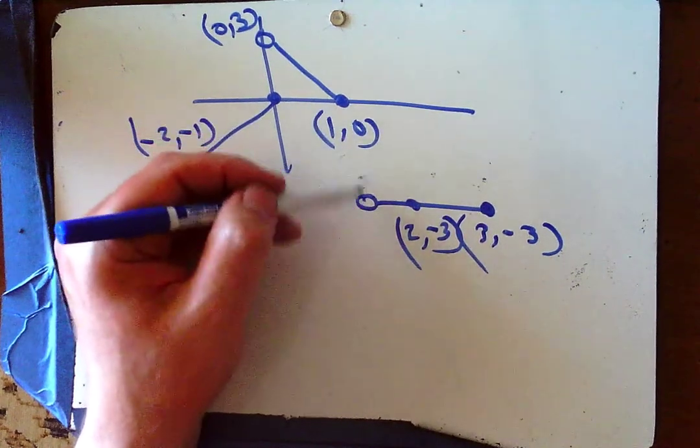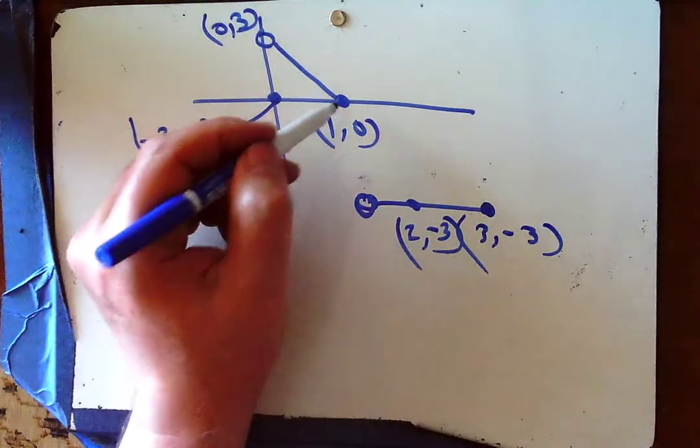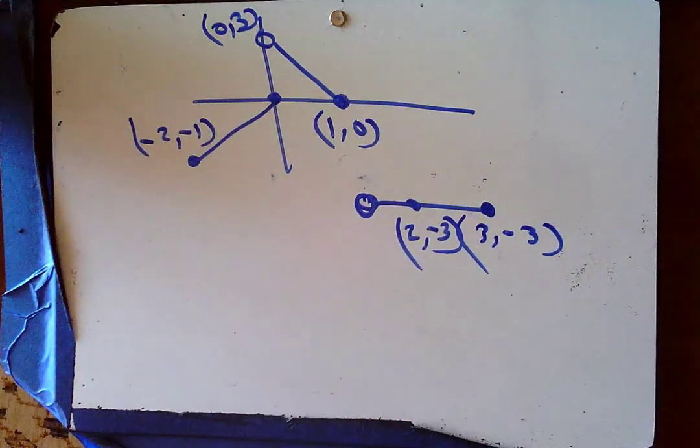And this does line up. This is 1 here. Okay. Please write this piecewise function. Don't forget to pause the video while you do it.